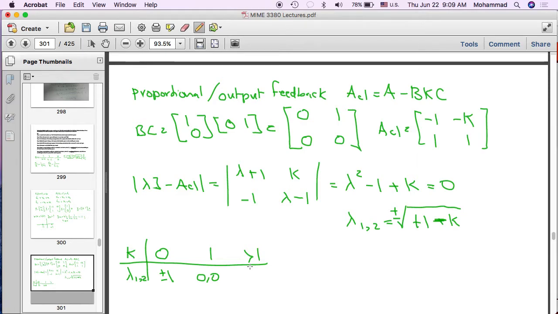So you have an imaginary number, at plus minus j times square root of 1 minus k. So it's a pair of completely imaginary numbers, and the system would oscillate.